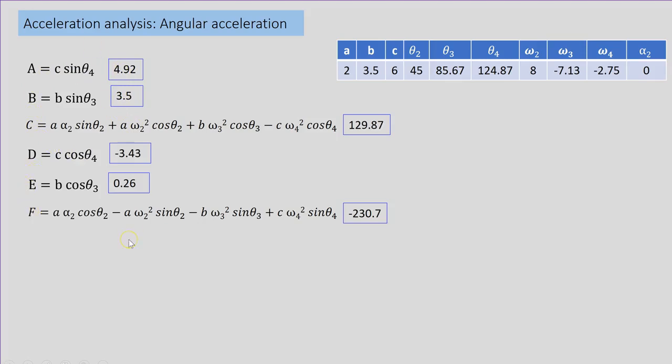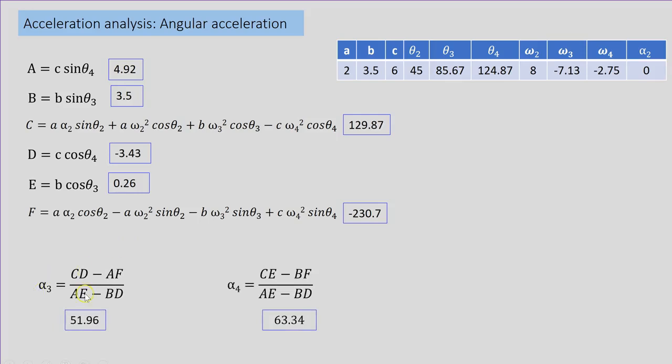Once we find these values, we put these values into the equations for alpha 3 and alpha 4, and that would be our second part of A, where you are asked to find angular acceleration of coupler and output link. So up to this, all the equations will be given to you.